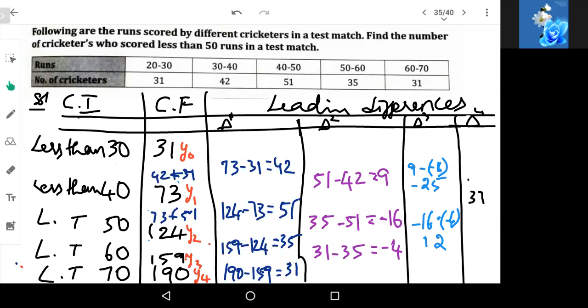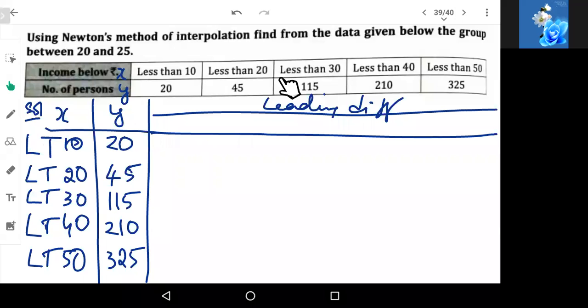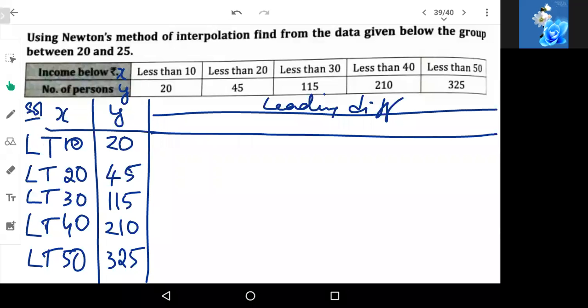But in the question that we are solving now, it is an open-ended class interval. Let's continue. So in this problem, since it is an open-ended class interval, we have to just take the frequencies as they are, because these frequencies are already cumulative frequencies.